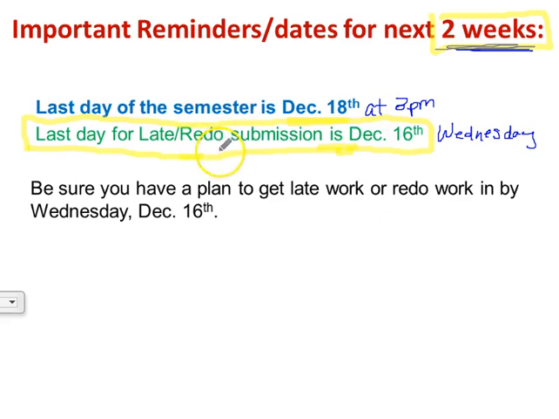But remember, the only redos I'm accepting right now should be coming from Unit 6. We only do redos for the current unit we're working on. So again, just remember, redos and late work are due by next Wednesday. So make sure you write these dates down right now somewhere.